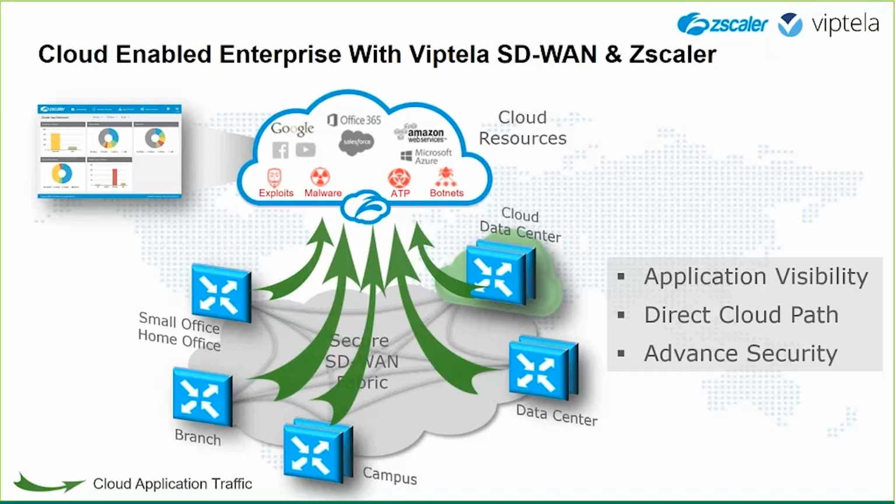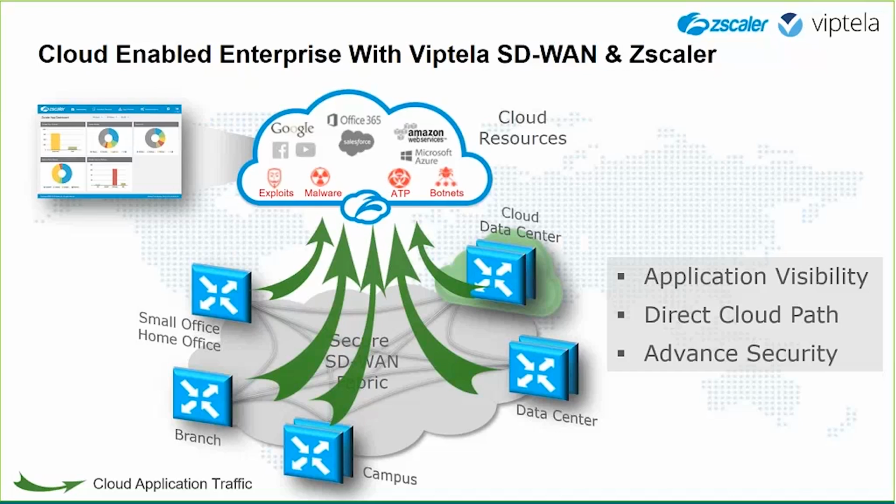So the decision on what needs to go to the Zscaler cloud and how it needs to go is controlled through the Viptela infrastructure, and the decision on what needs to be inspected and all of the threat protection capabilities that Zscaler provides is controlled using the Zscaler infrastructure. So that at a high level is how the customers have been able to pull both of these things together.